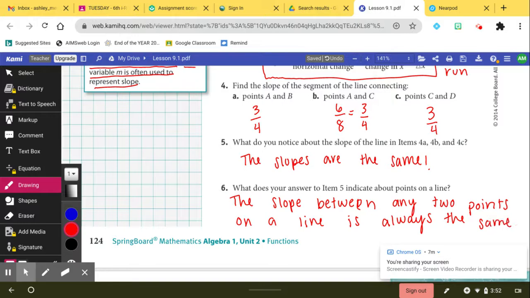You can think about that. If your slope's different, you're not going to have a straight line, because it'd be like you have the slope and then it changes. That wouldn't be a straight line. When we're talking about a line, it needs to be straight.